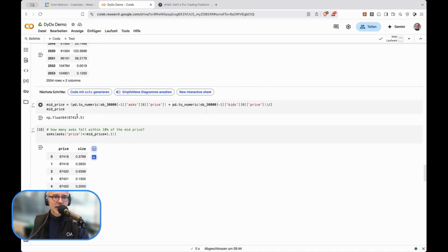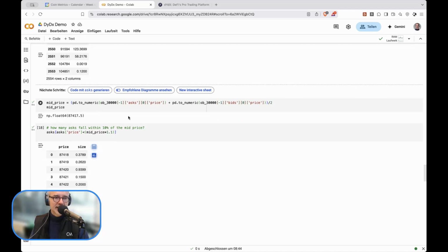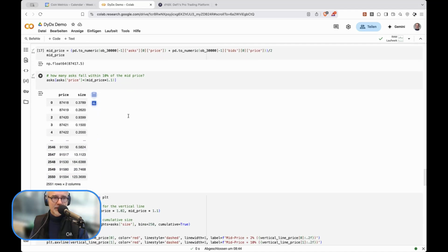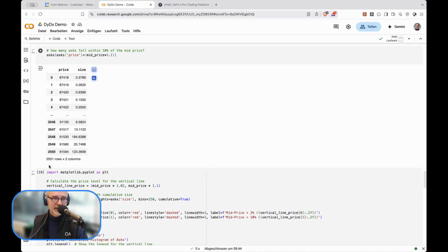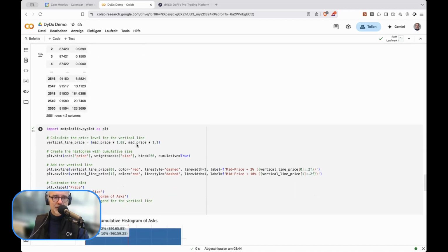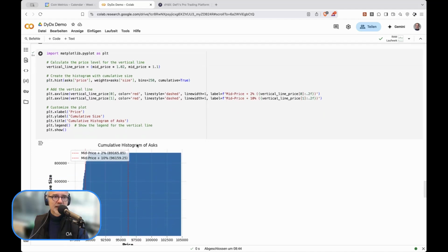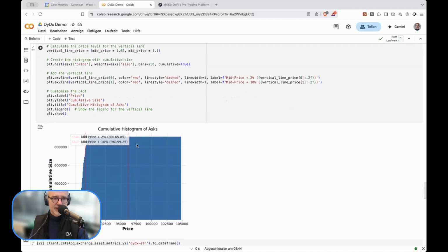Now the midpoint price for BTC at the moment is 87,417. So then we can ask how many of these asks fall within 10% of the mid price, and we see that that's almost the same number as for the total order book. And we can plot the whole order book and add a line for 2% and 10%.